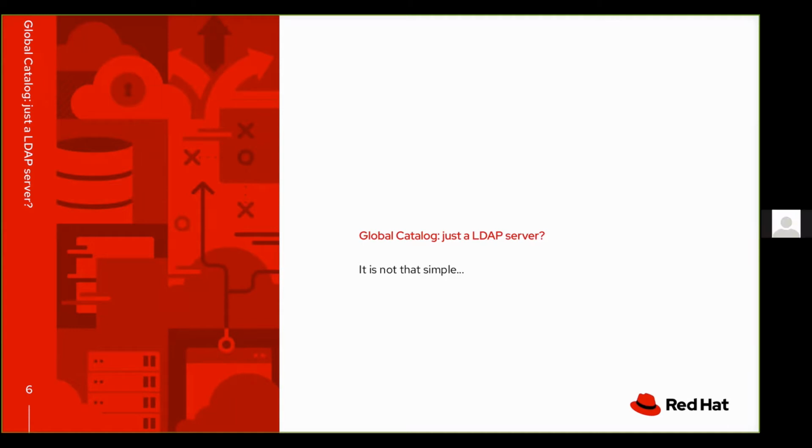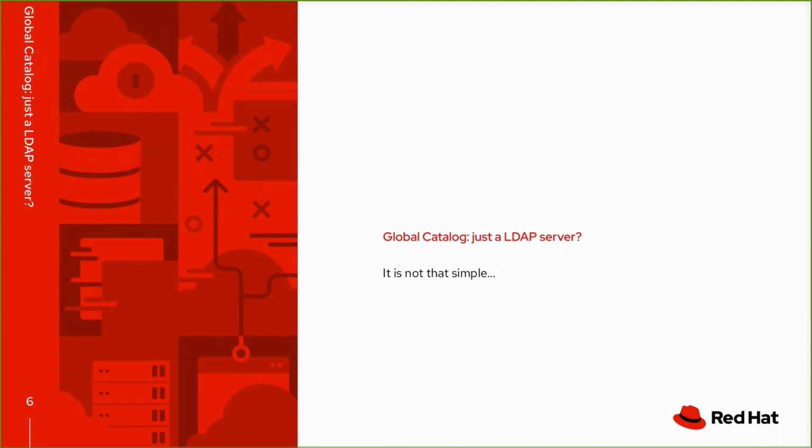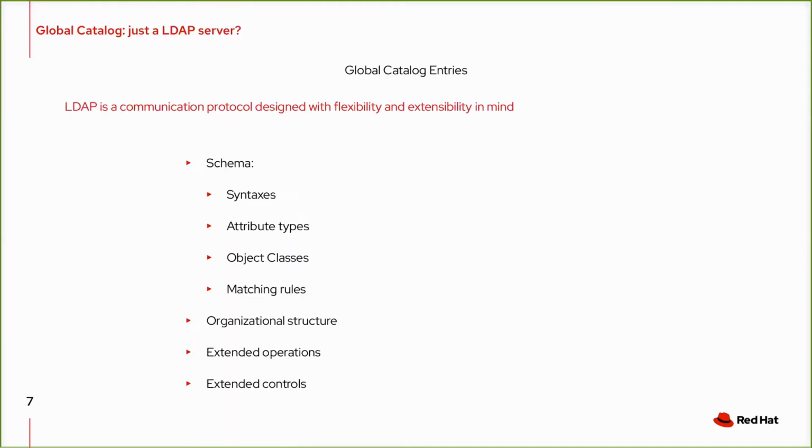Thank you, Alexander. We had a need to implement the global catalog, and the global catalog is an LDAP server. At the beginning, you could think that this would be a simple task, but as I will explain later, an LDAP server is not just an LDAP server. It's not that simple, because LDAP is a communication protocol that was designed with a lot of flexibility and extensibility in mind.